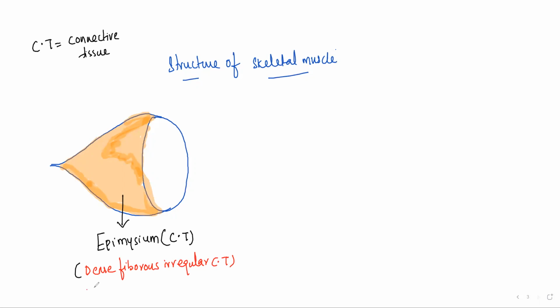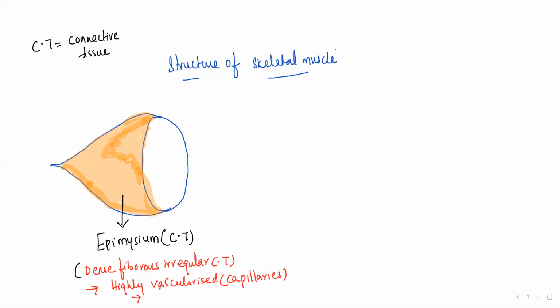This is highly vascularized. It has a very good supply of capillaries and blood. What is vascularized? They have a very rich supply of capillaries which are bringing the blood.